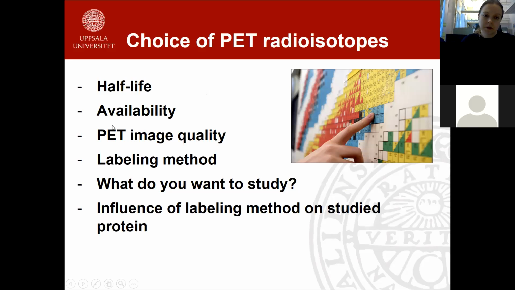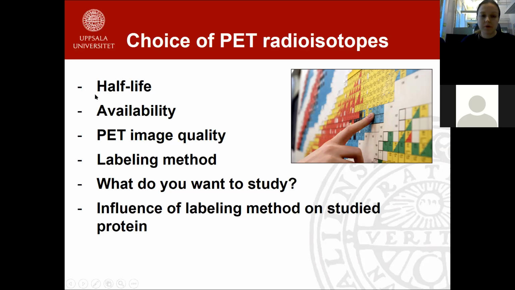The second characteristic is availability of the nuclide. Sometimes we are limited by what is currently available, what can be produced. For example, if there is a cyclotron at the hospital, can they produce this radionuclide at the site, or do we have to buy it from somewhere?